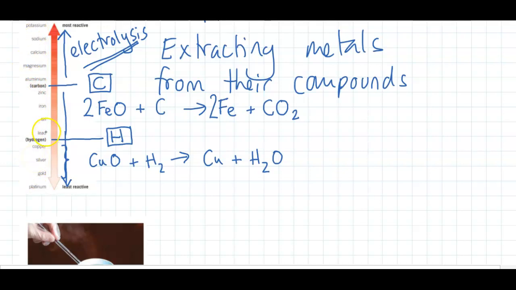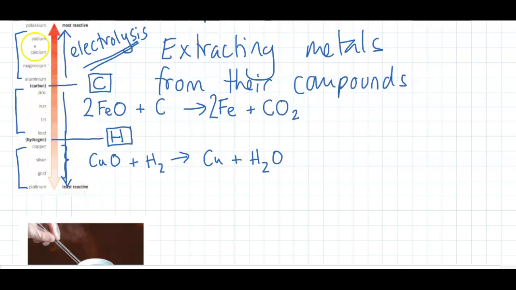There's far more metals than these, so there's going to be other metals, tungsten, things like that, that are in this reactivity series. So learn the pattern, and I would learn my reactivity series. I would try to memorize these metals in chunks.